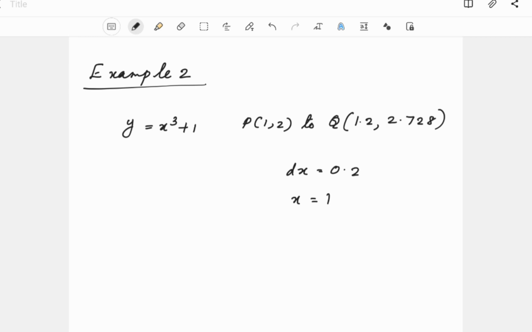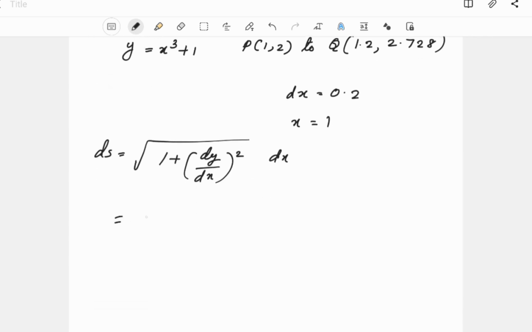Now for finding the arc length we can use the differential ds equal to the square root of 1 plus dy by dx the whole square dx, that's equal to the square root of 1 plus (3x square) the whole square dx.